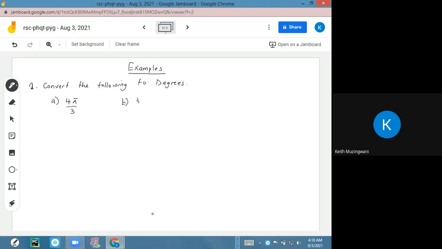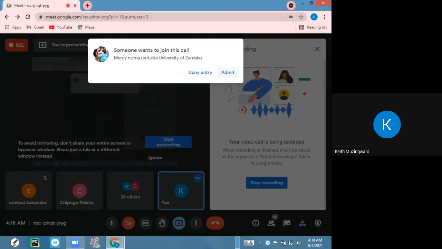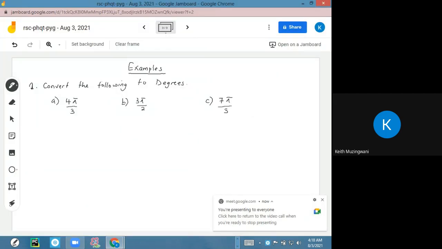B, 3 pi over 2. Then C, 7 pi over 3. Solution.